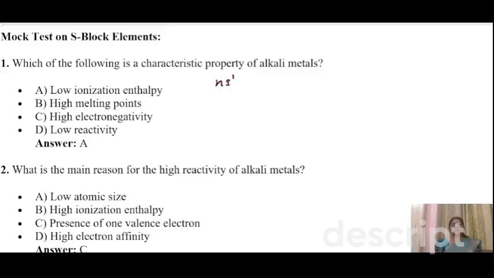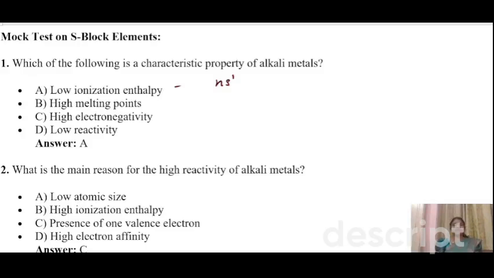This single electron can be easily removed because of two reasons. One is effective nuclear charge. Another is the screening effect of the inner core electrons. Due to these two reasons, ionization enthalpy is minimum, so the minimum amount of energy is required to remove that outermost electron. Therefore, it is true.